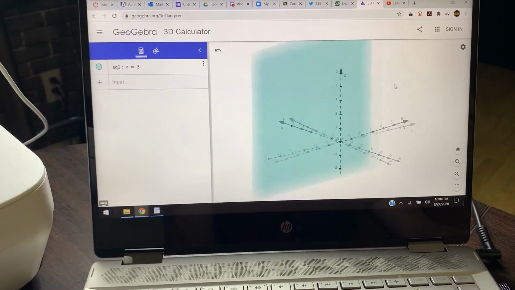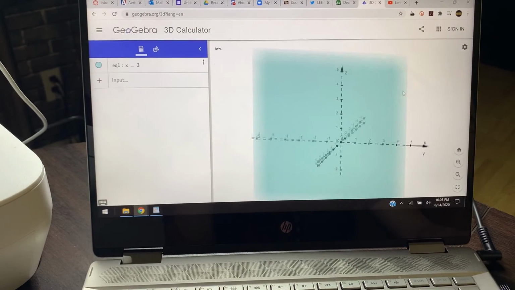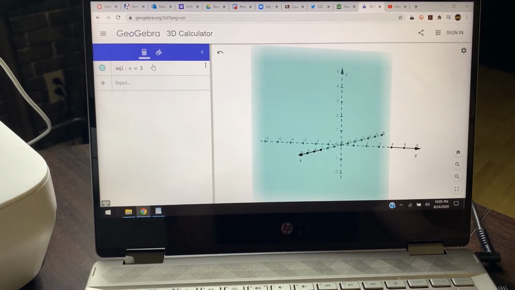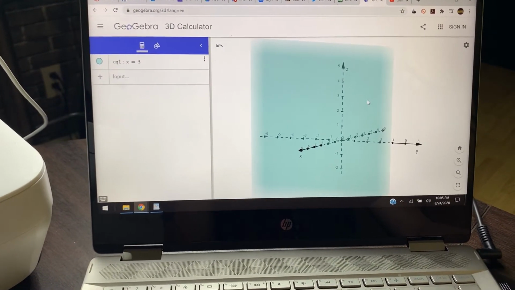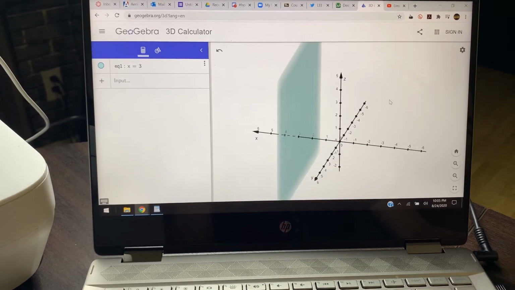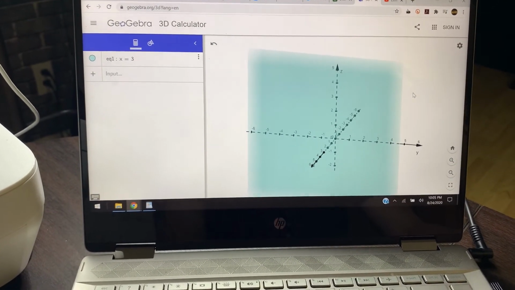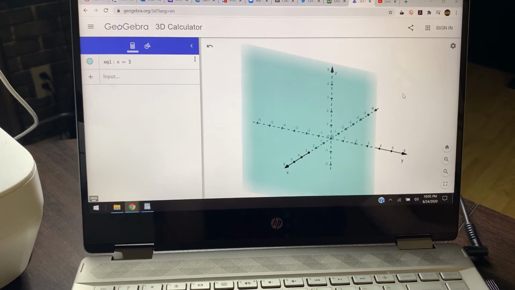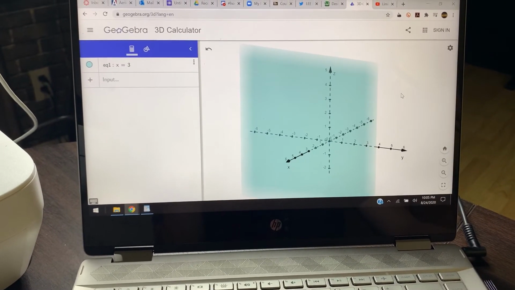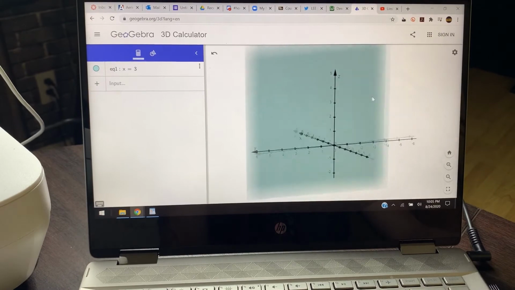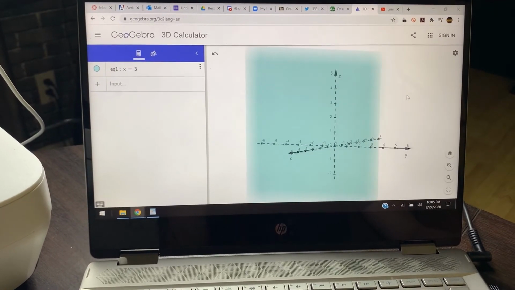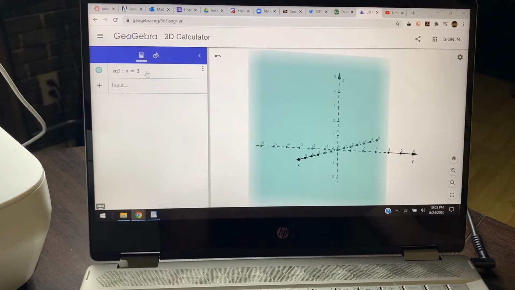And every point on this plane has an x coordinate of 3. The y coordinate and the z coordinate can be like whatever, right? Positive, negative, 0, whatever. But every point on this blue turquoise sheet of paper or plane has an x coordinate of 3.